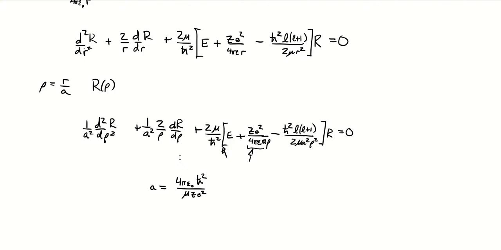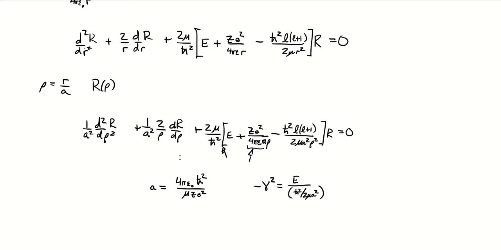It has dimensions of length. And we can define some dimensionless energy parameter we're going to call gamma squared, which is just E over ħ²/(2μa²).